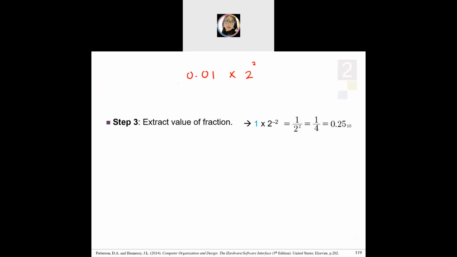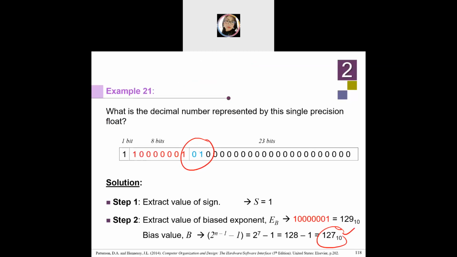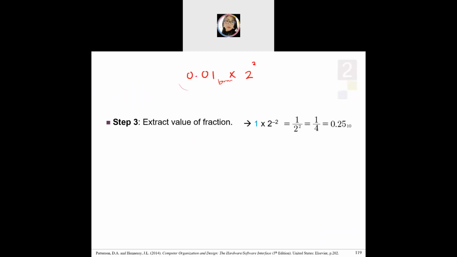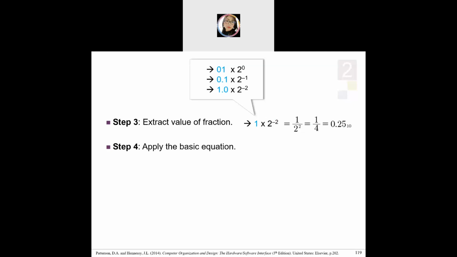But this value is in binary, so you need to convert it to decimal. To convert it, 1 times 2 to the power of negative 2, you will get 0.25. That extracts the value of the fraction.